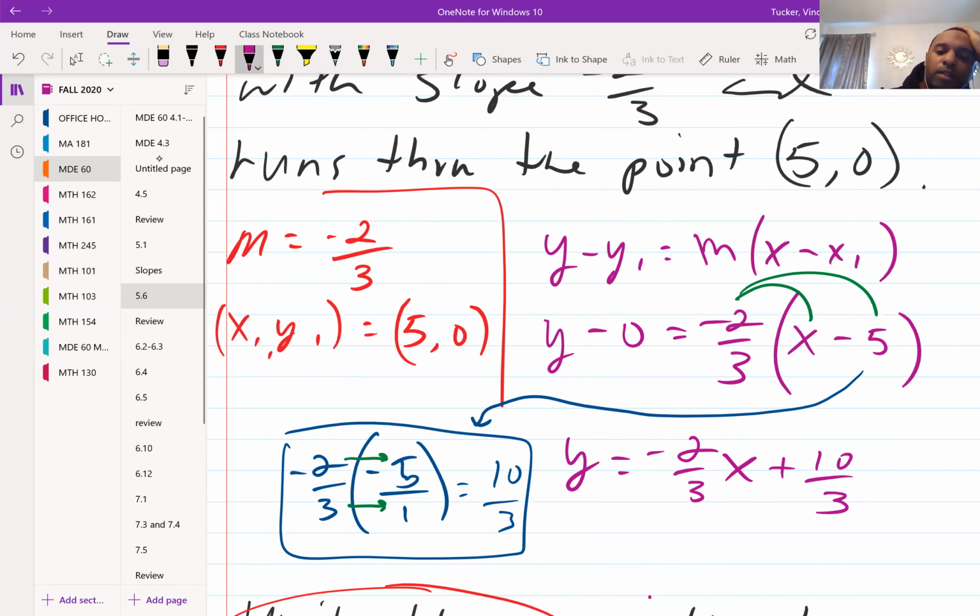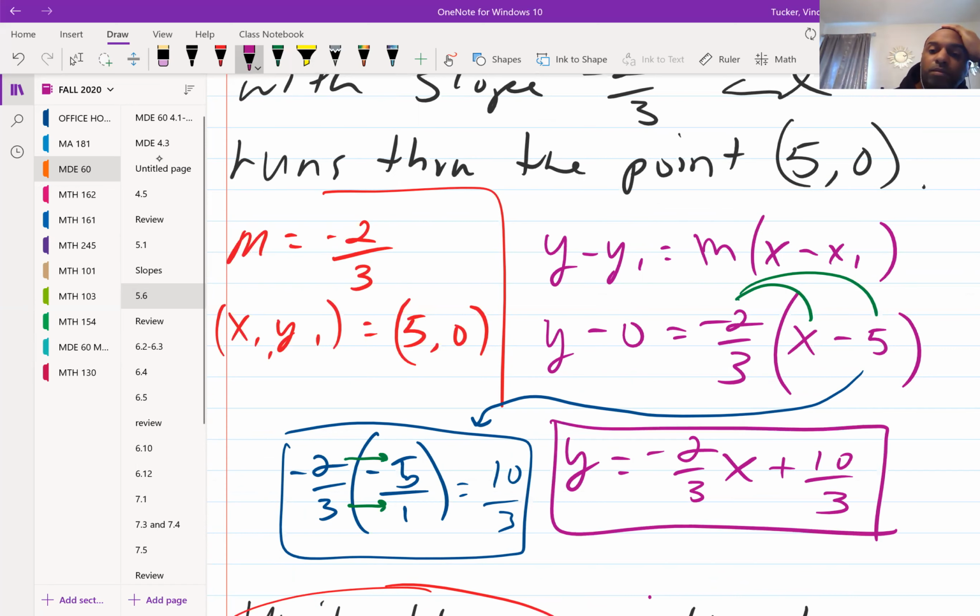So that's how we got this equation right here. So make sure we're okay. Any questions?